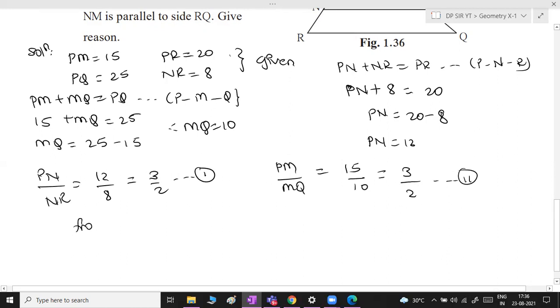From 1 and 2, it gave me two ratios that are equal. So from 1 and 2, PM upon MQ is equal to Pn upon Nr. You can write vice versa because we have changed the order a little, and that will be in triangle PQR.